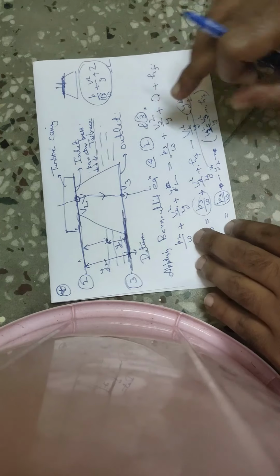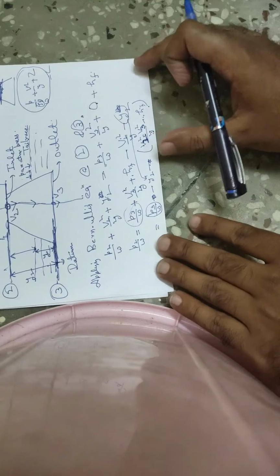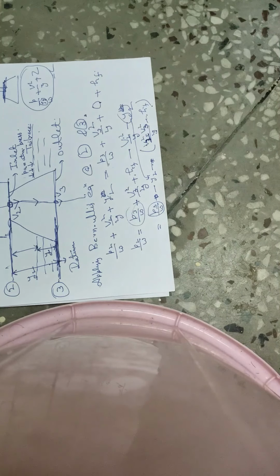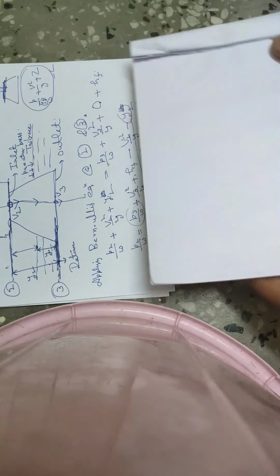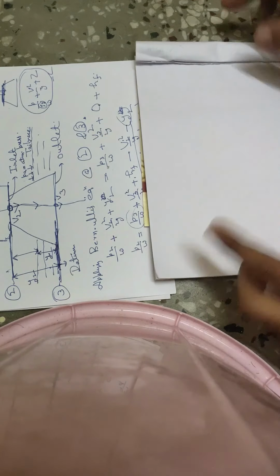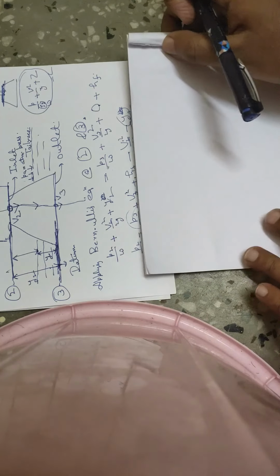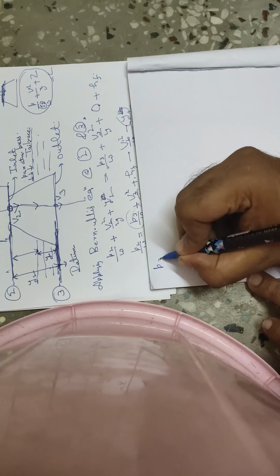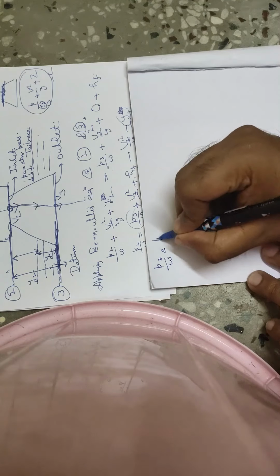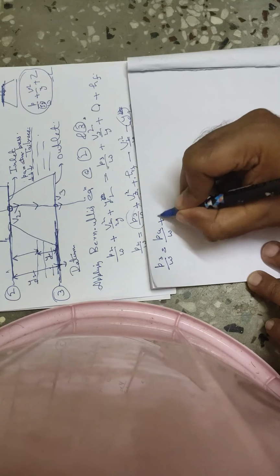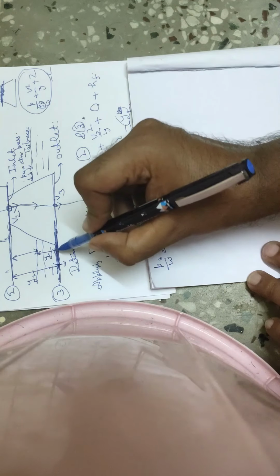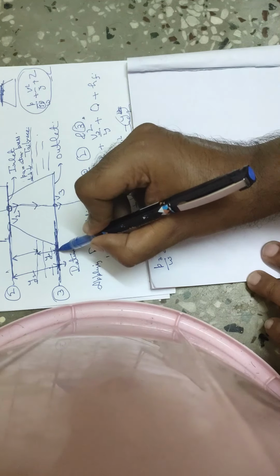I don't want this to disappear, so that you can relate to whatever we are doing. Okay, next we can write it here. Now the next thing is that P3 upon W is equal to PA upon W plus Y. So at P3 upon W, the head will be what?